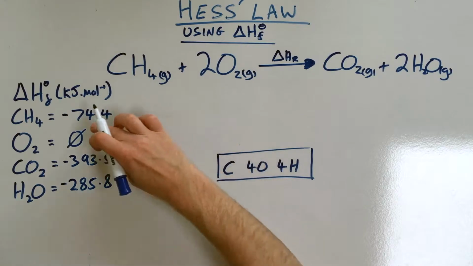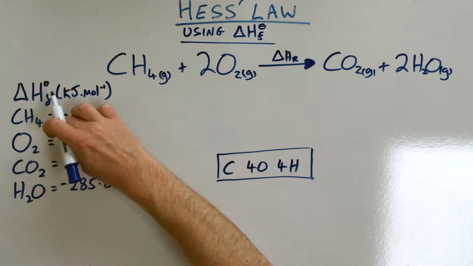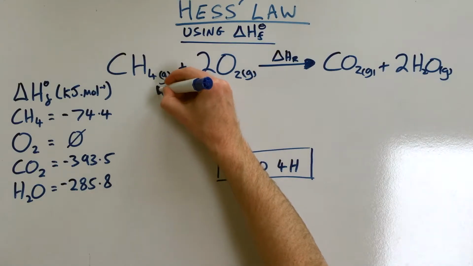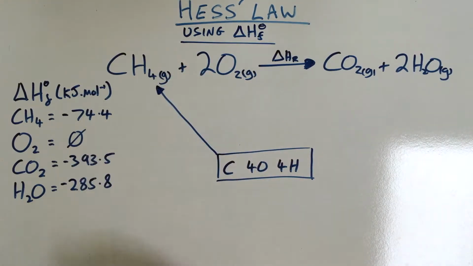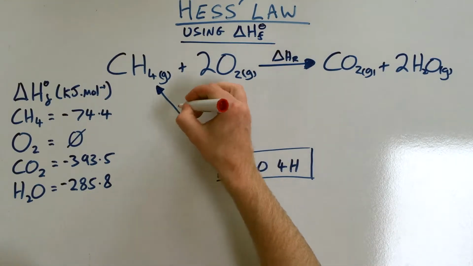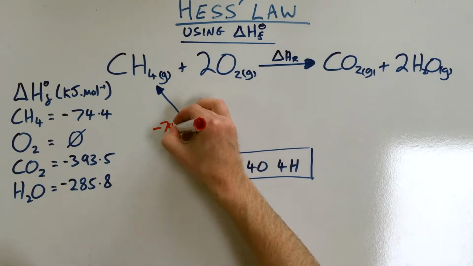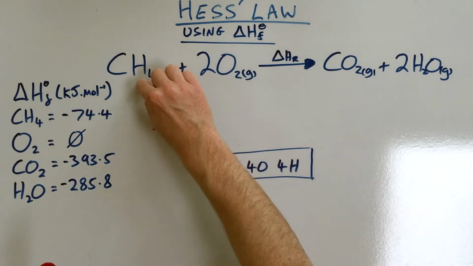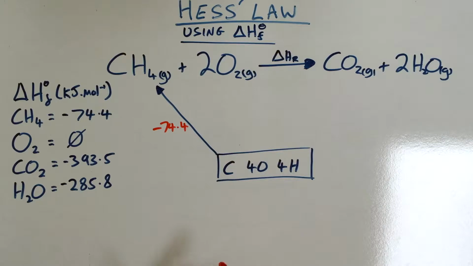So we are forming delta HF for CH4, for methane. We are forming methane, so this arrow goes here, and we can put in the value, I'll put these in a different colour, of minus 74.4. So that's our enthalpy of formation of methane.